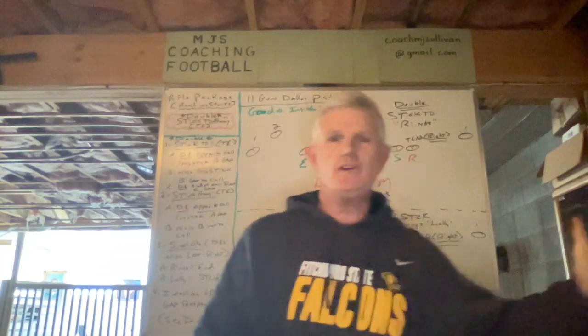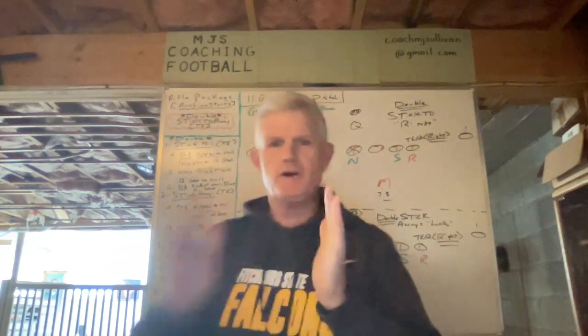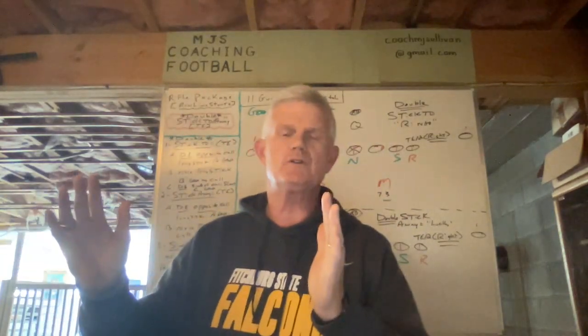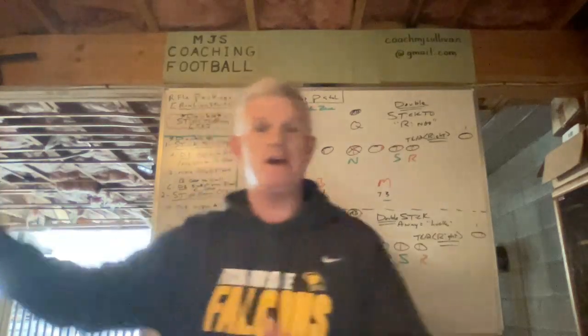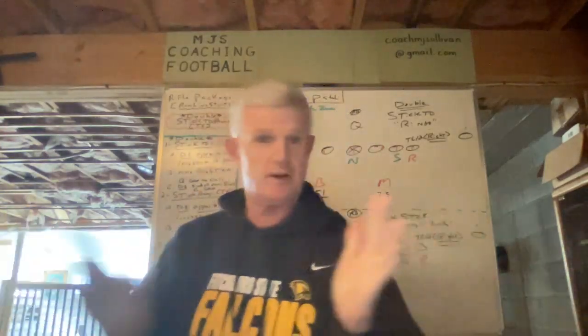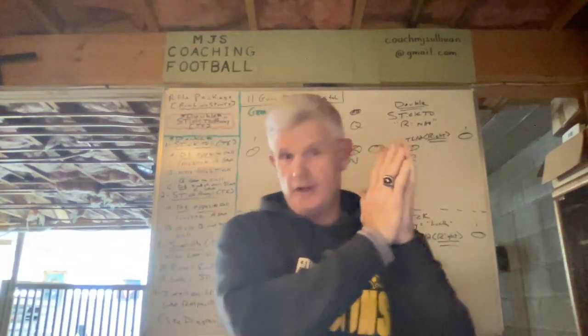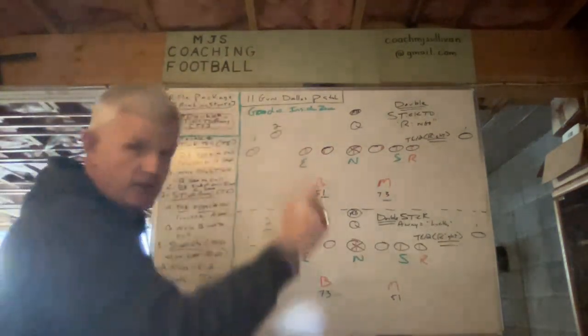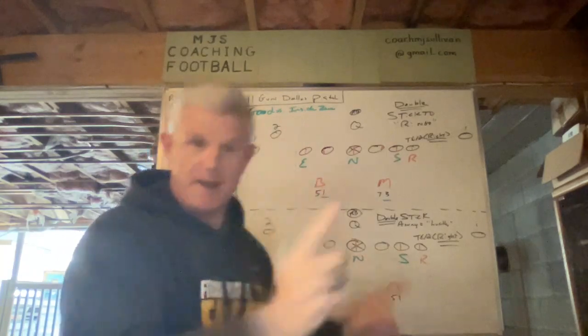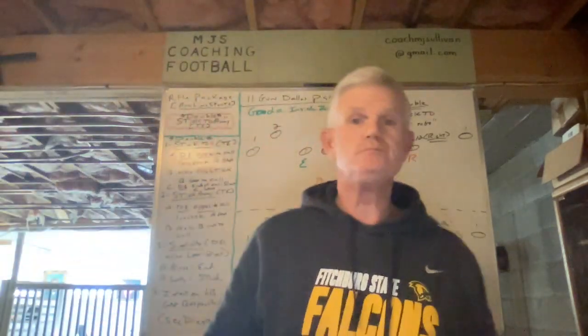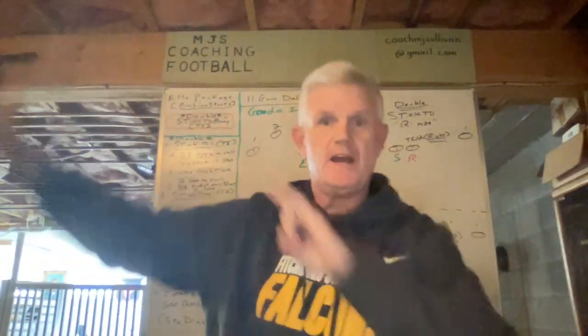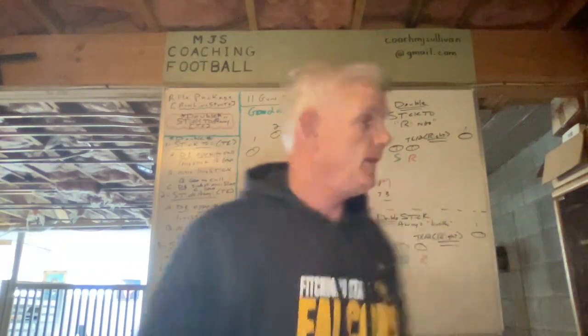So the defensive end long sticks A, which bumps the nose guard into the B gap in the same direction. They don't go into each other. And then the defensive end on the side of the call slants one gap into C. So the three defensive linemen move to the call.